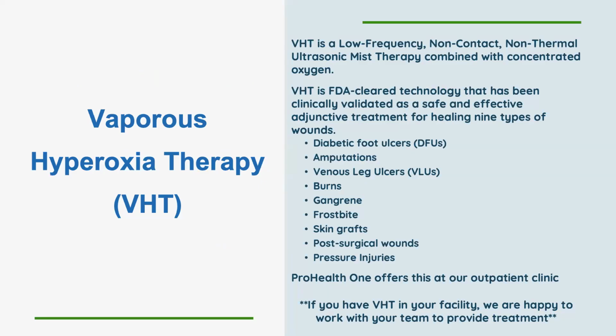So DFUs, surgical sites after an amputation, venous leg ulcer, burns, gangrene, frostbite, skin grafts, post-surgical wounds, and pressure injury. And we offer this in our outpatient clinic. And some facilities as of late have VHT in their facility, and we are obviously happy to work with you and your team to provide treatment.